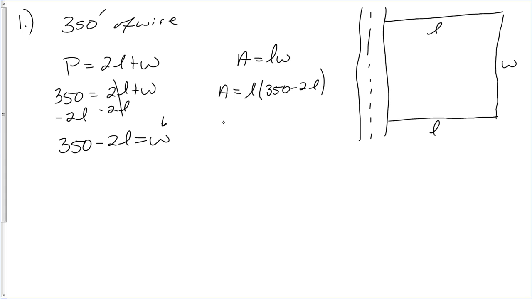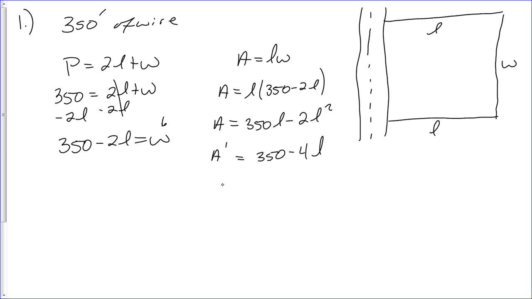Now we need to take the derivative of the area. Actually, let's not take the derivative yet. Let's distribute through before we take that. So area equals 350L minus 2L squared. Now take the derivative. The derivative of the area will be 350 minus 4L.